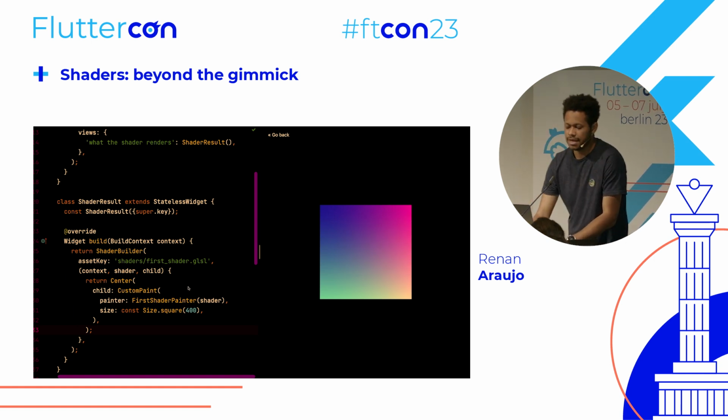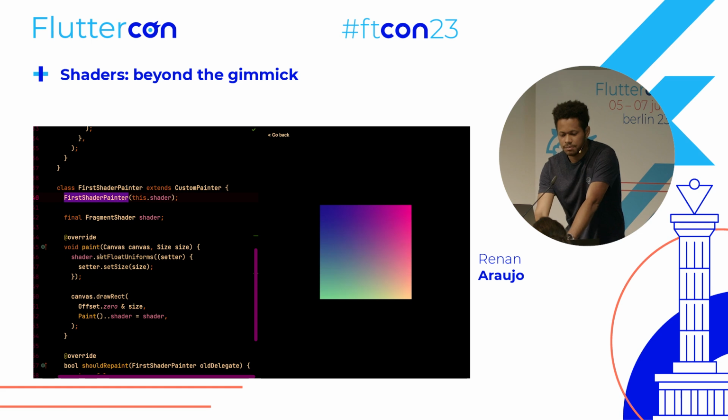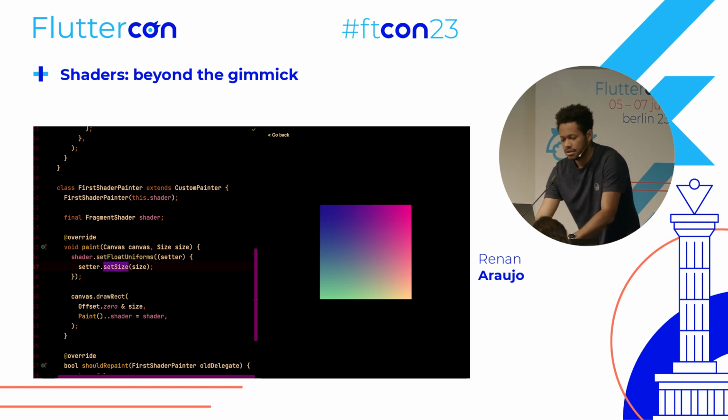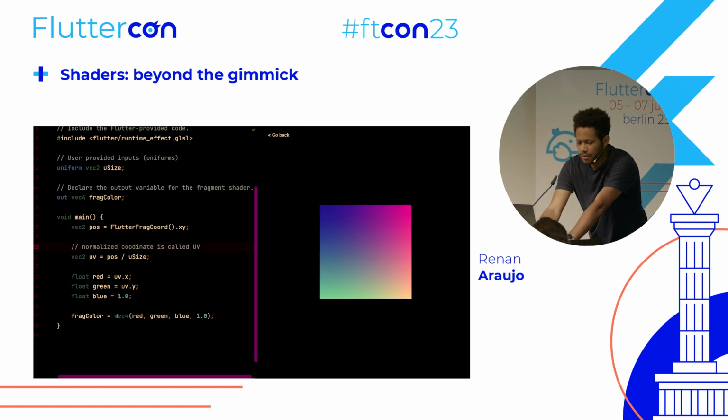What's happening on the Flutter side of things is we just have a Center, defining a CustomPainter with a definite size, and then we're just passing the size of the container to the shader. If I go to the first shader GLSL, we have the shader that's actually painting this thing.